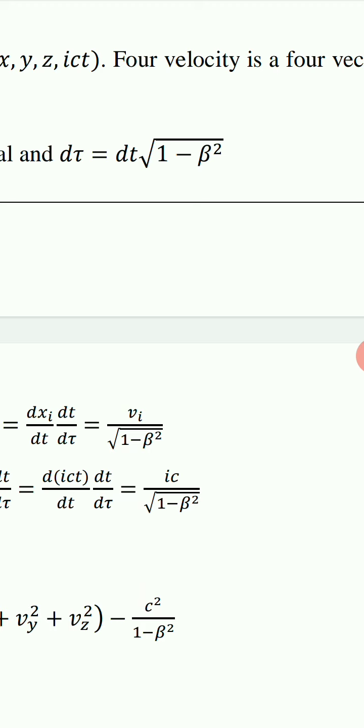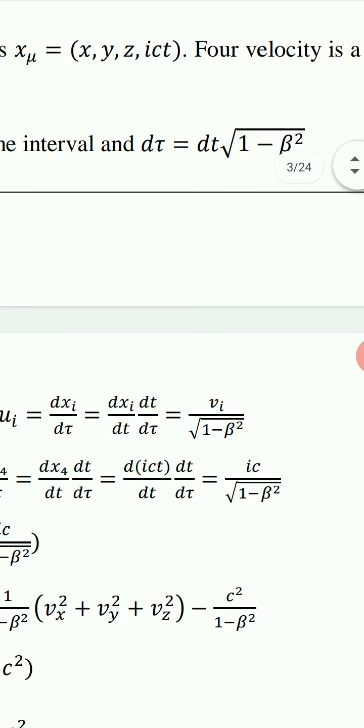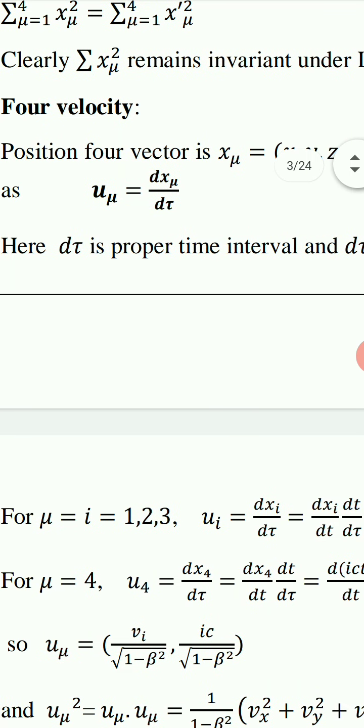Here beta is v upon c. So this is the definition of the four velocity, u mu equal to dx mu upon d tau.